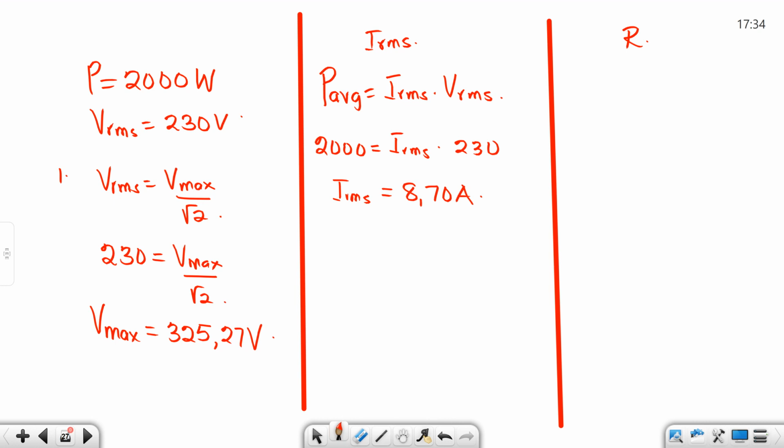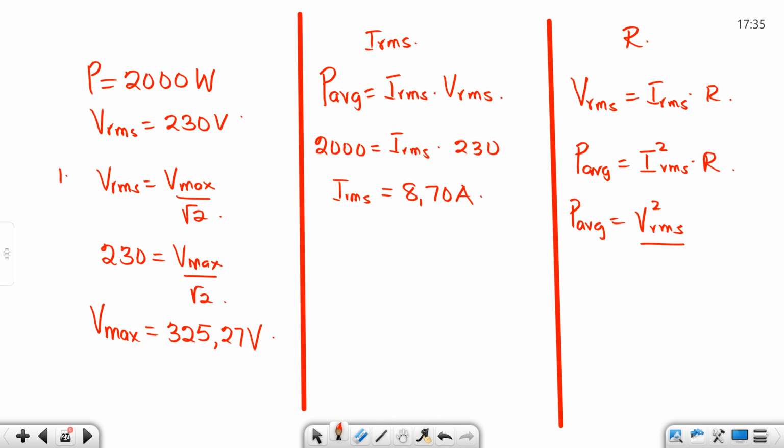Number 3, how do we get resistance? Use your electricity formulas now. You can simply use VRMS equals IRMS times R, Ohm's law. That's one. You can use P average equals I squared RMS multiplied by R. You can use P average equals V squared RMS over R. Too many options.